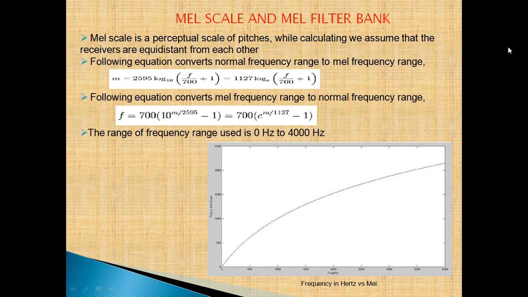I'm showing you the equation here, which converts the normal frequency range from hertz to the Mel scale, and the next equation does the opposite of that. It converts the Mel frequency range to the normal frequency range, and the range of frequency that I'm using here is 0 to 4 thousand hertz.